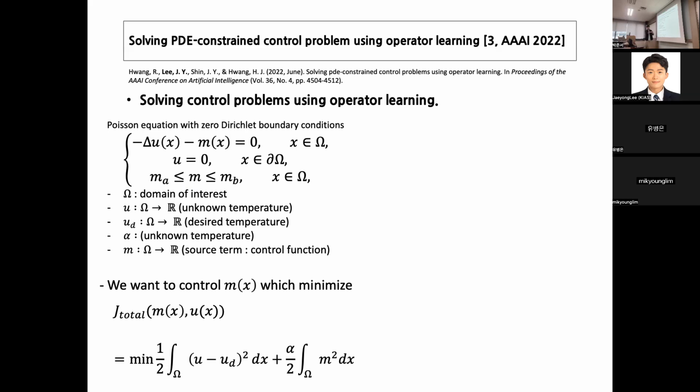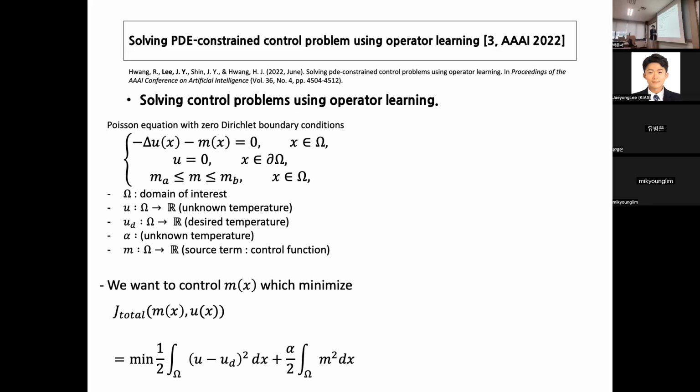The purpose of this control problem is to minimize this J and find the m which minimizes it. For the traditional numerical method, if they want to minimize this, they find a new m, and then they have to solve this PDE for each different m.